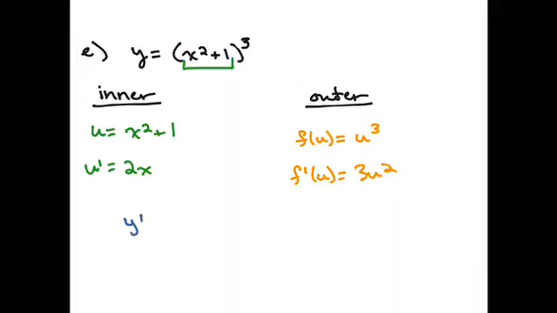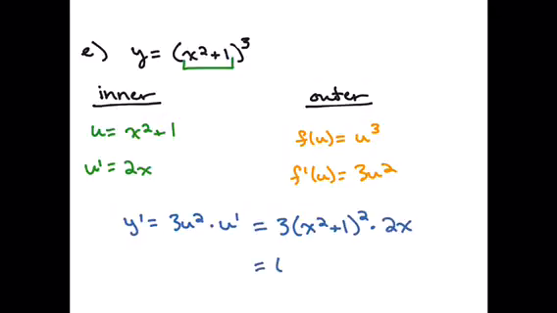So the derivative of our function is 3u squared times u prime. And if we substitute back in then, I get 3 times x squared plus 1 squared times 2x. And we need to clean that up, multiply our coefficients together. So I get 6x times x squared plus 1 squared.